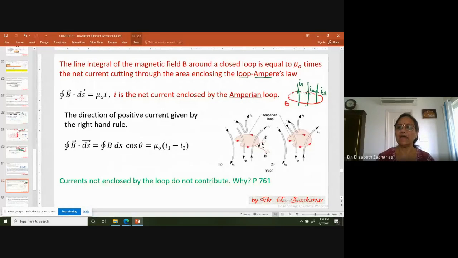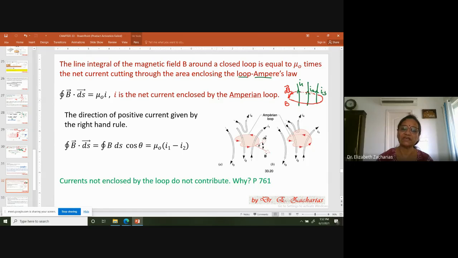I know that at every point on this loop there is a magnetic field given by these three wires, but I don't know what the magnetic field is. The magnetic field at this point may not be the same as at this point. At different points, the magnetic field may be different. But what we do is a line integration over this loop. This is a closed loop surrounding the source currents.